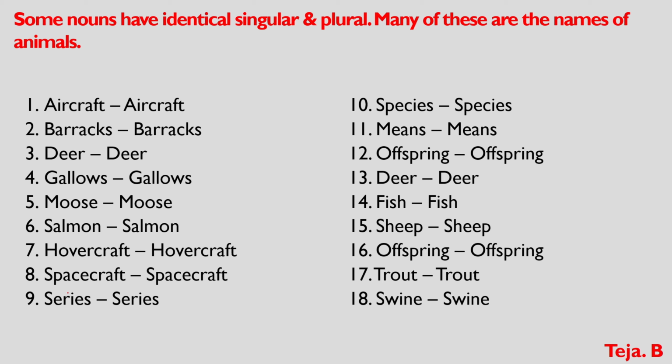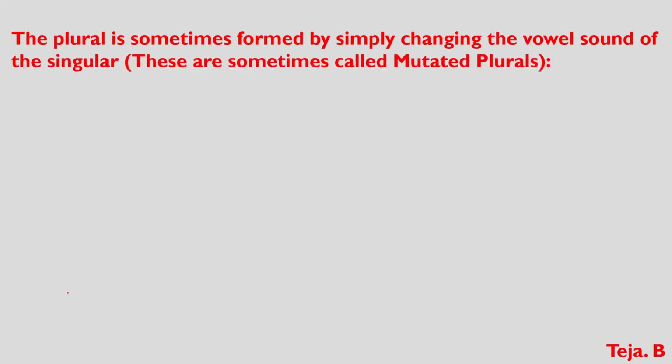Don't use sheeps. Sheep can be singular, sheep can be plural. Fish can be singular, fish can be plural. Offspring can be singular or plural. Don't use offsprings. Don't use aircrafts, spacecrafts, or mooses. These are words which can be singular and plural alike.